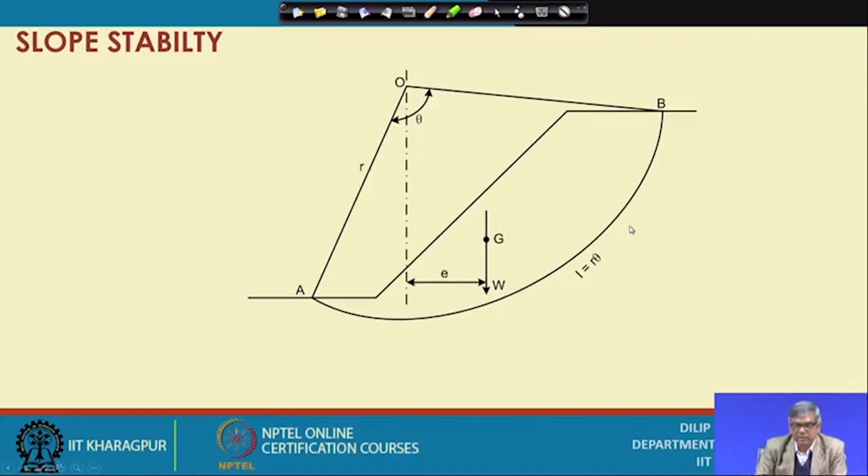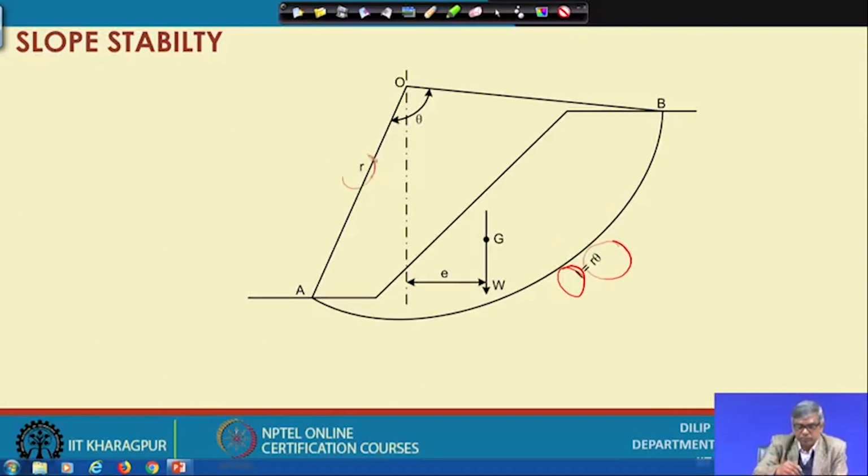Typically, suppose the final slip surface is something like this, and this is the slope, and there is a slope angle, and this is the slip surface. This slip surface will have a certain length equal to L. If I consider this as a portion of a circular arc, then the length will be r multiplied by theta subtended here, the curved circular arc length.